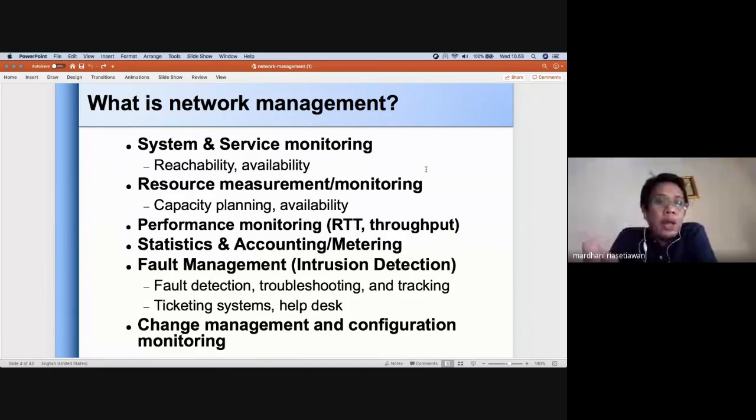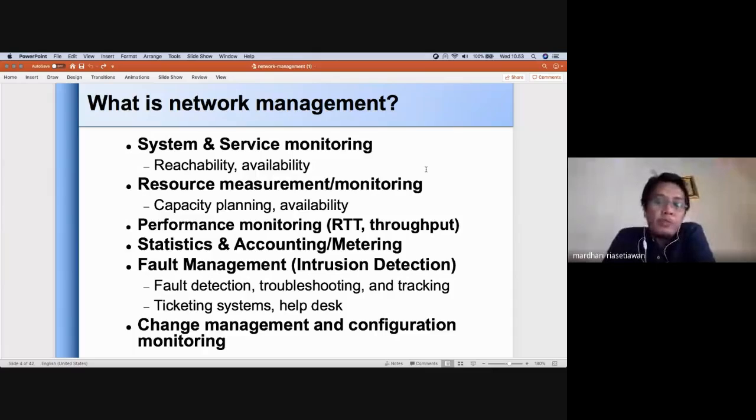It can be fault detection, for example when our resource node, our server, or our routers have faulty activity, and then troubleshooting and tracking the problem. That's why in network management we use a ticketing system and help desk to ensure that.